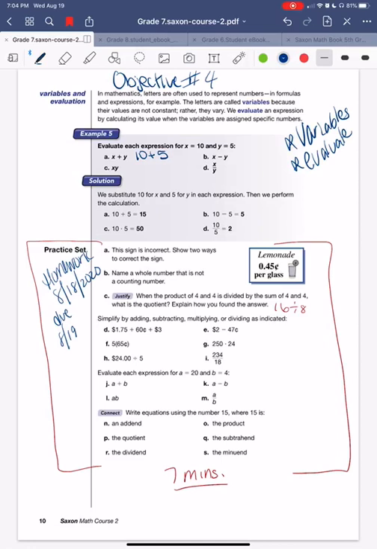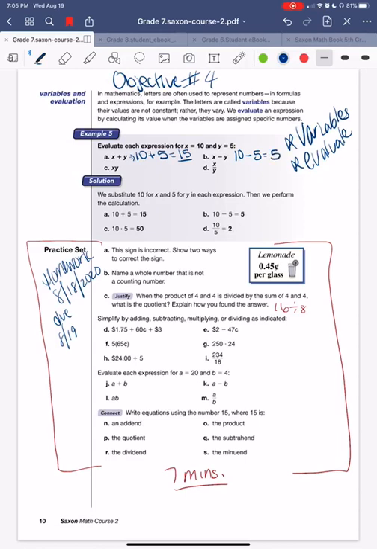That's the same thing as saying 10 plus 5, which if we evaluate it, that means we need to solve it, which is 15. Substitute first, then solve by calculating. B says x minus y. So remember, x is 10 minus y, which is 5. And then once we evaluate it, 10 minus 5 is 5.